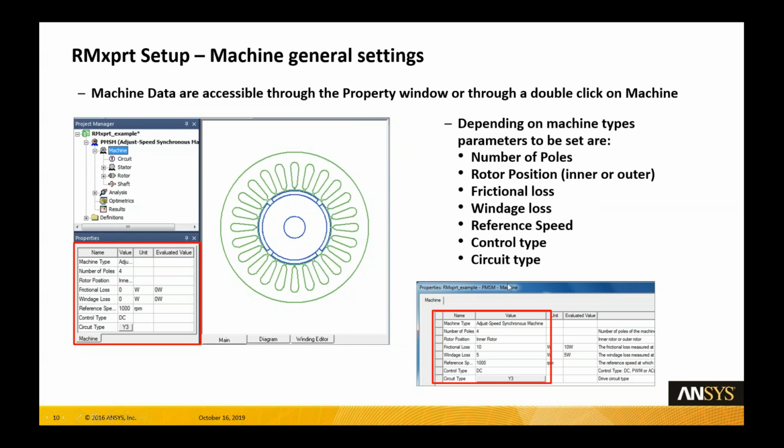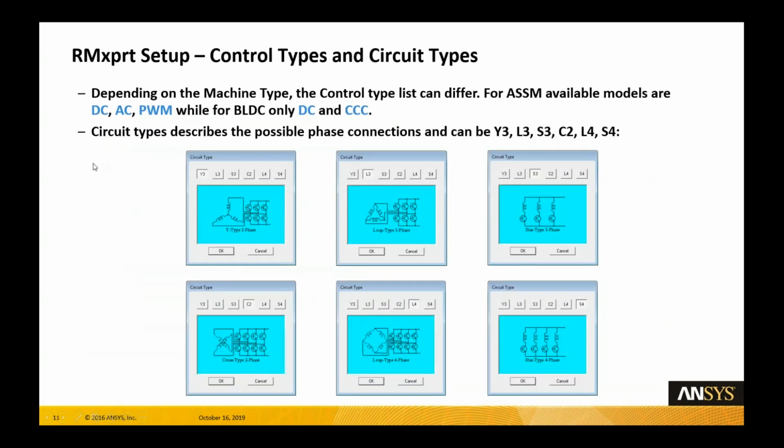So once you create a template, you can manipulate the parameters of the motor, from number of poles to frictional loss, windage loss, rotor position, all those sorts of parameters. Then, depending on the machine type, the control type list can differ too.